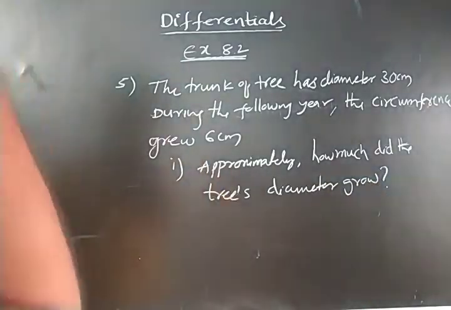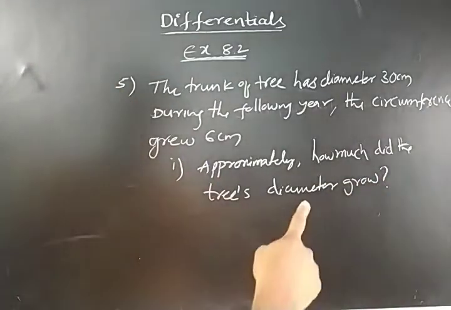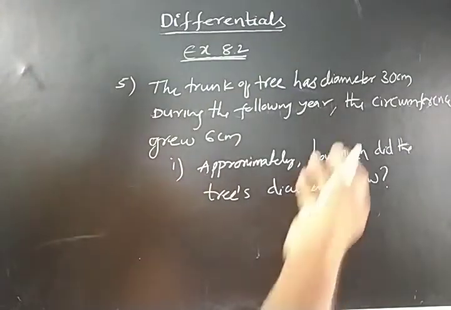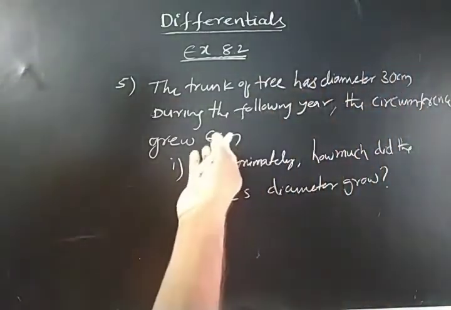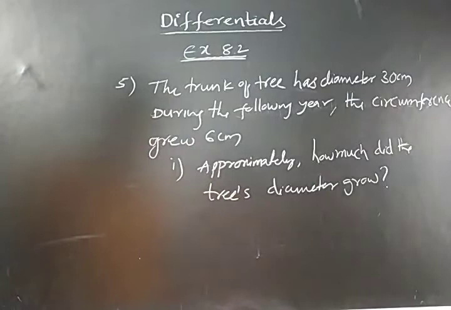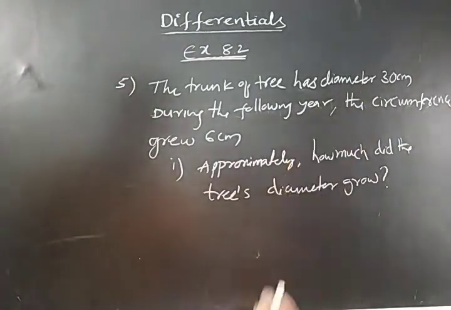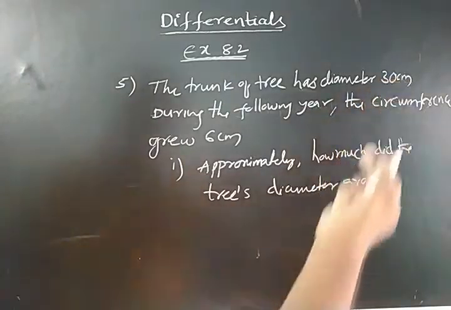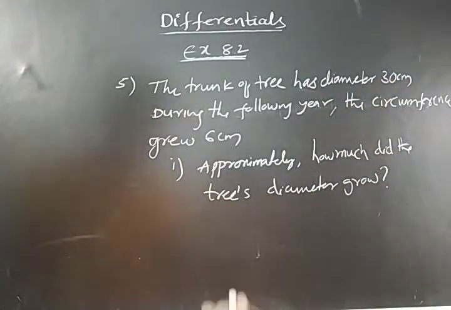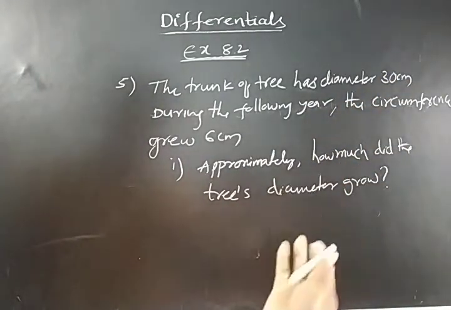So in the first question we have to find the change in diameter. What is given? Diameter is given and change in circumference is given. So we have to find the change in diameter. That means if you assume d as diameter, we have to find the differential of d.